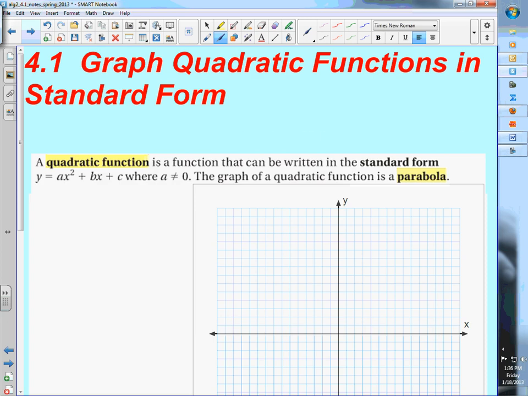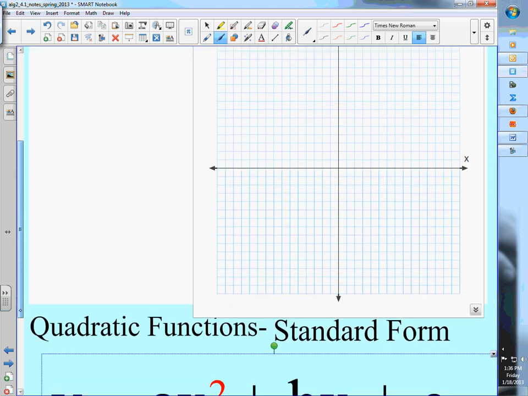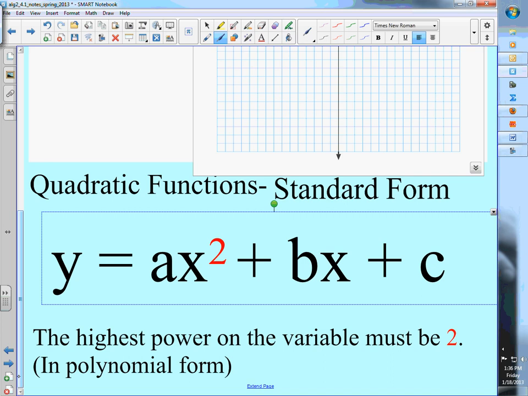So now you're looking at a quadratic function, standard form, that looks like this, ax squared plus bx plus c. That is not transformational form.